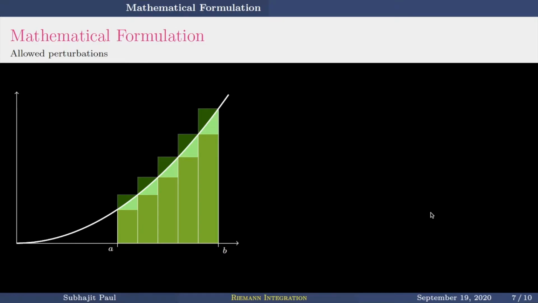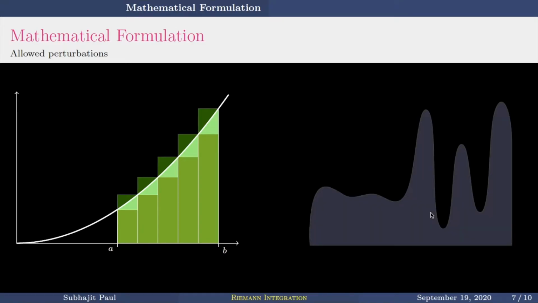The second one we should allow is to choose the intermediate points arbitrarily. Suppose I have a function like this. I have to measure the area of this part, this graph. Now this one, you see the first this much part is almost fine. This can be approximated by this rectangle very easily.